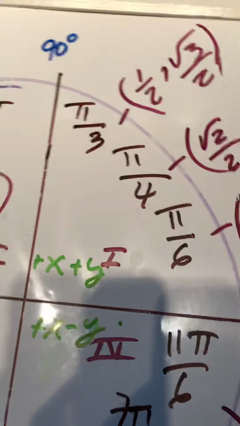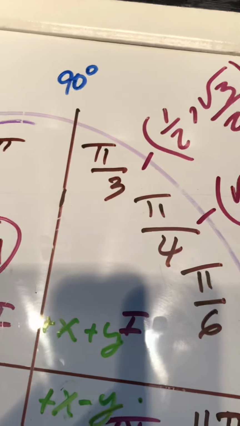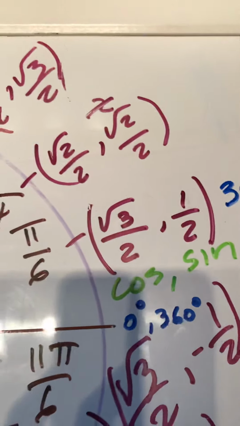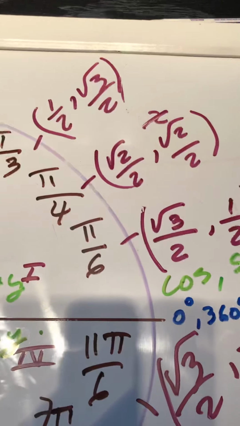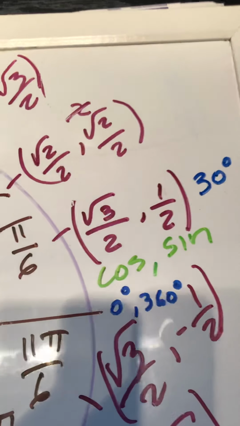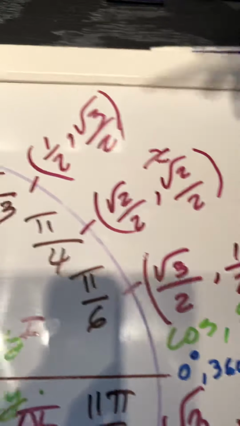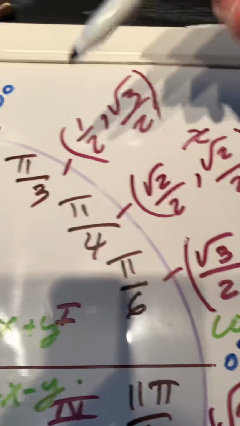Right. So the first one, as you know, is gonna be 0 plus 30 is gonna be 30. Then from there, everything is going to be plus 15. Each angle is plus 15.